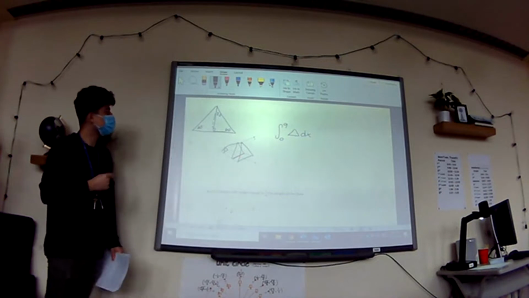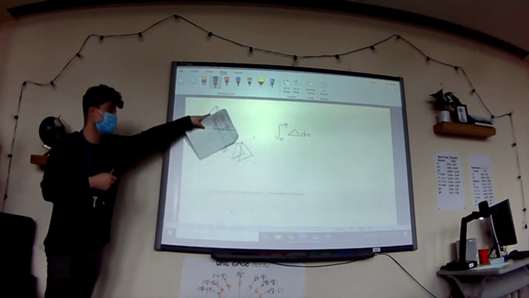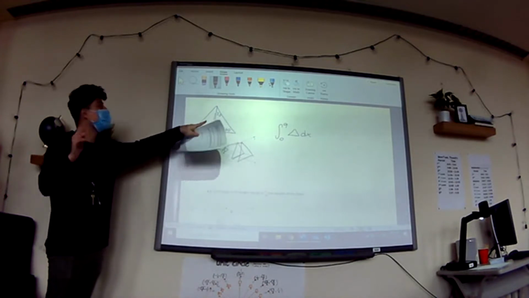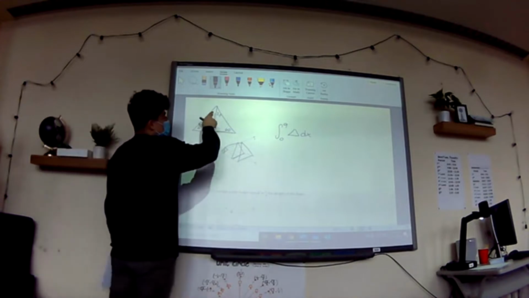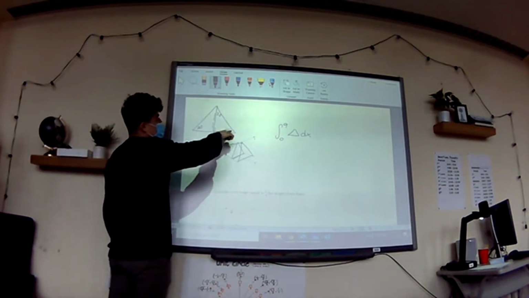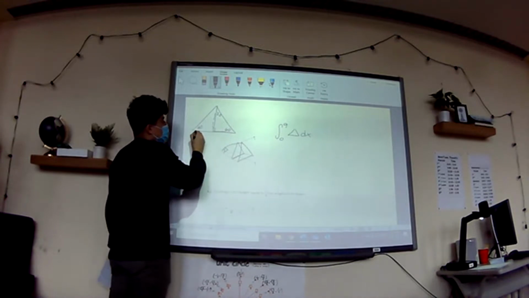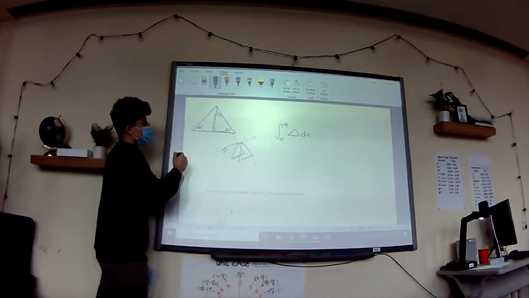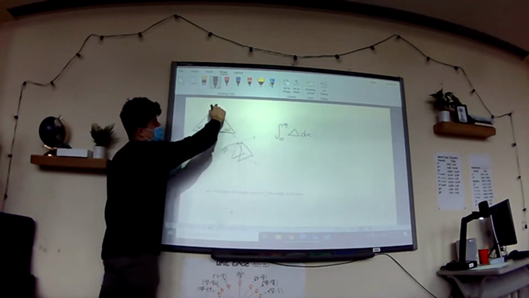Now, if you remember special triangles, sweet, you could figure it out based on that. My last class said they'd rather do the Pythagorean theorem, so let's do that. 30, 60, 90 triangle, very good. We said the entire thing was equilateral, so this length is the same as this length.